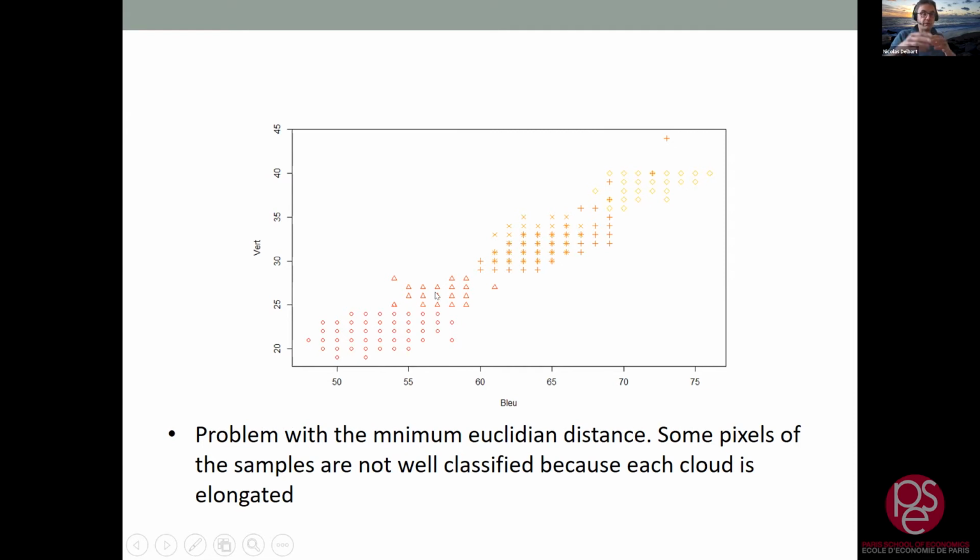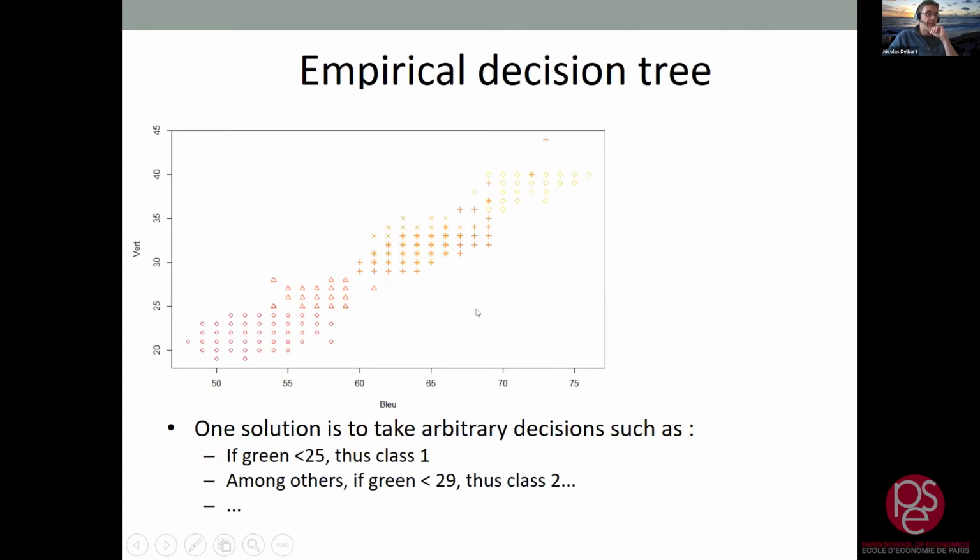Decision tree and, afterwards, random forest totally solved this issue. So we'll see how it works. One solution to classify correctly all the pixels in this graph is to make what is called an empirical decision tree.